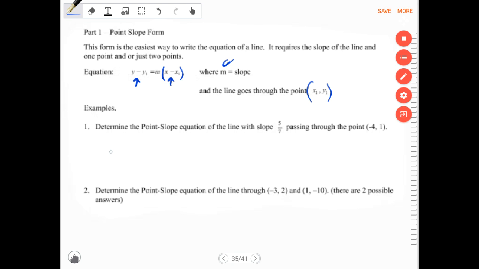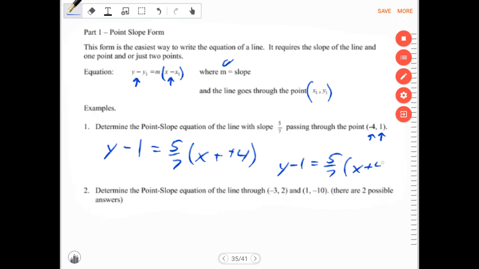So the formula is going to be y minus y1. So y1 is 1, so y minus 1 equals, so the slope is 5/7, and then x minus x1. So minus x1, where x1 is -4. Well, we don't want to leave it like that because we never leave a double negative. So we end up with y minus 1 equals 5/7 (x plus 4).